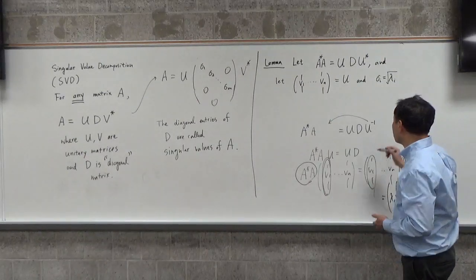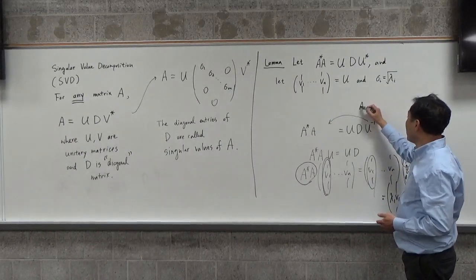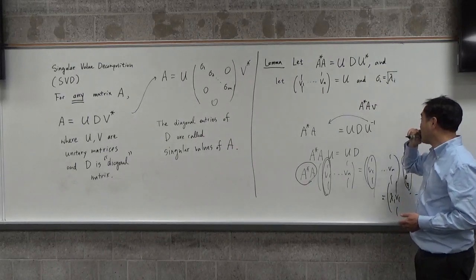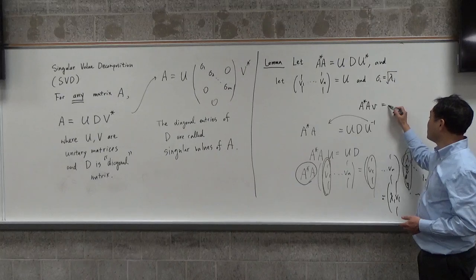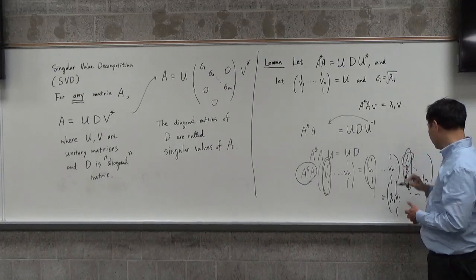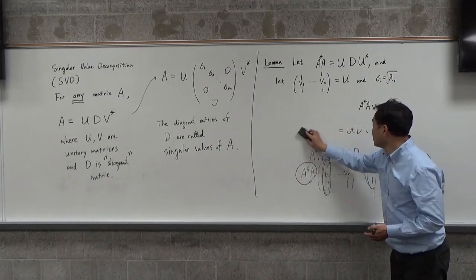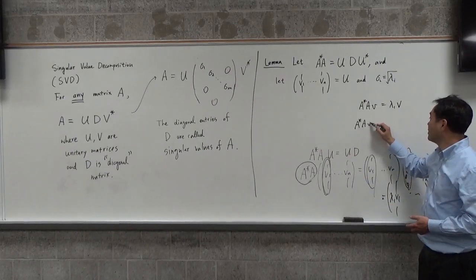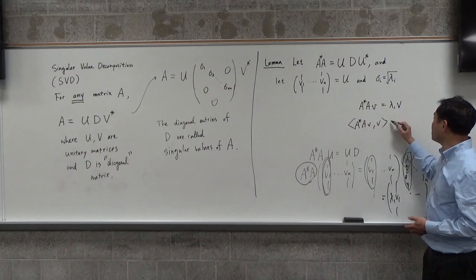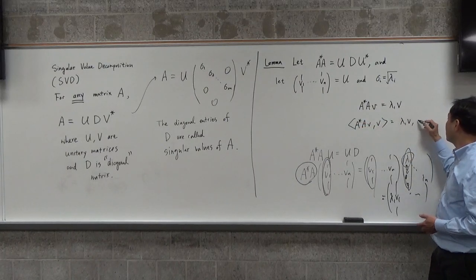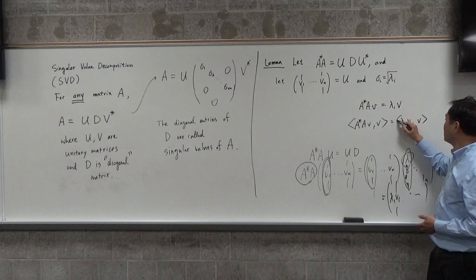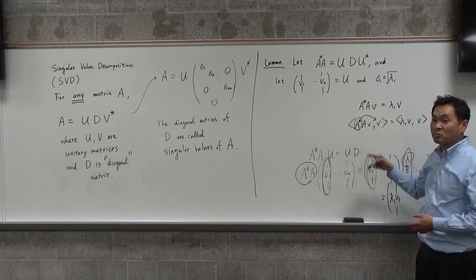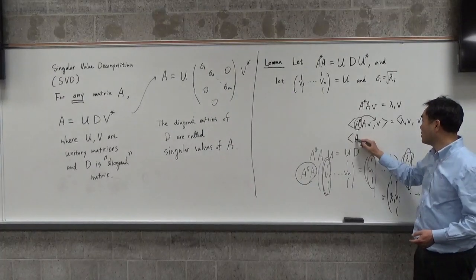That's because if A star A V is equal to lambda 1 times V, then if you apply the inner product with V itself, this A star A can move over here as its adjoint, but adjoint of adjoint is itself.